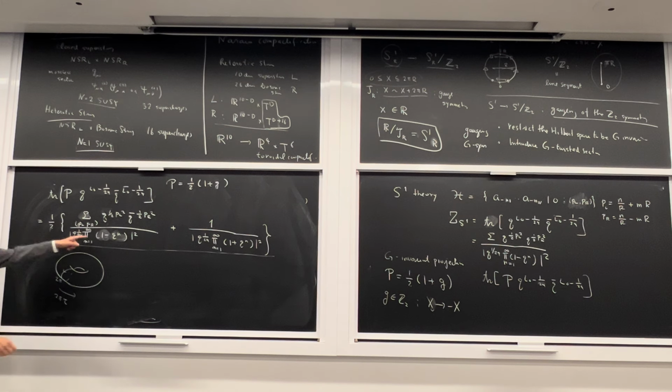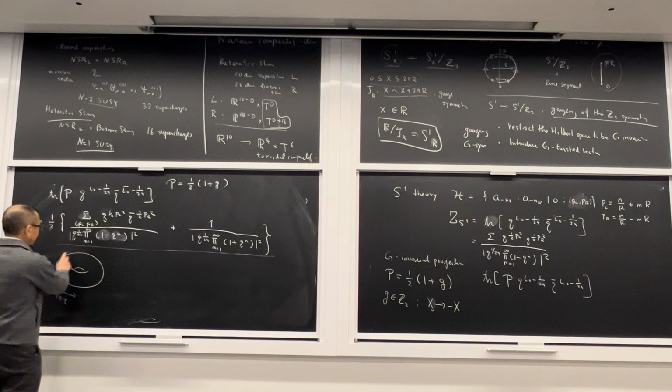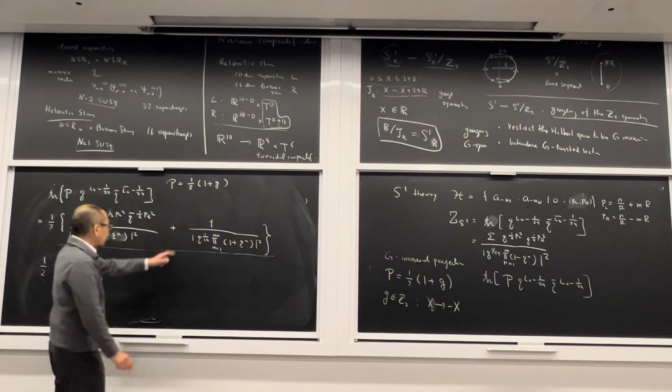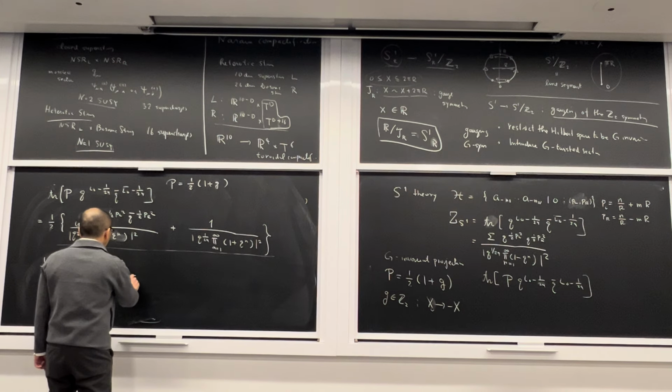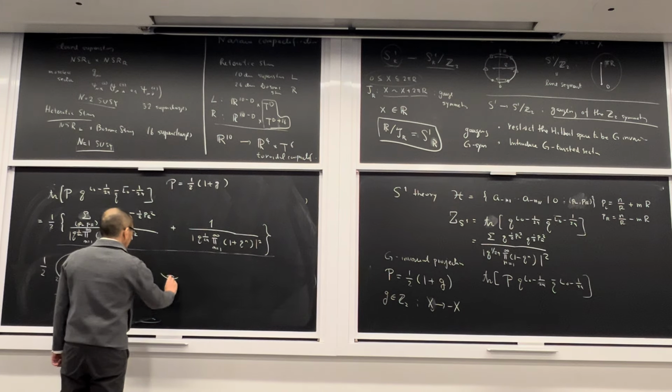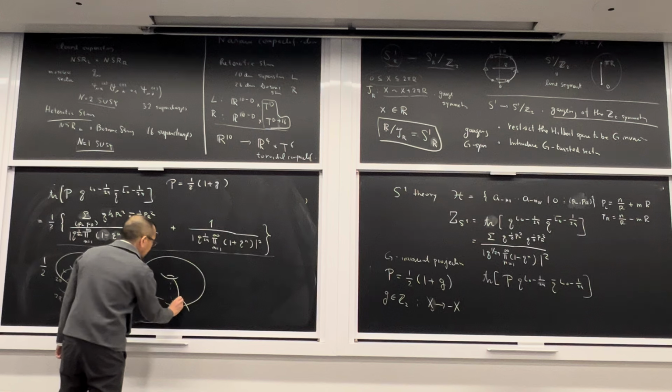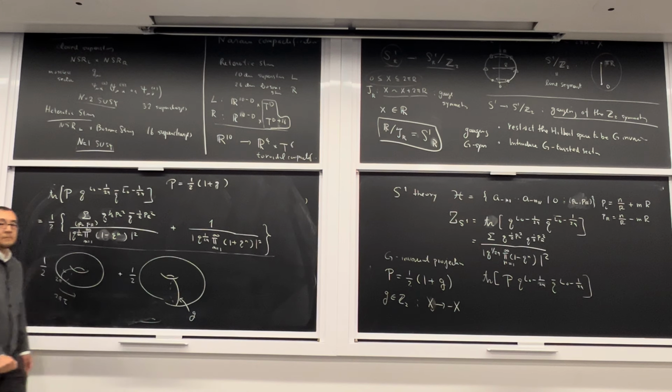Then this amplitude corresponds to just calculating this torus partition function in the original sigma model with the target space circle, and just multiplying 1/2. And this one corresponds to adding the same thing, except that you insert an operator which implements the G symmetry.